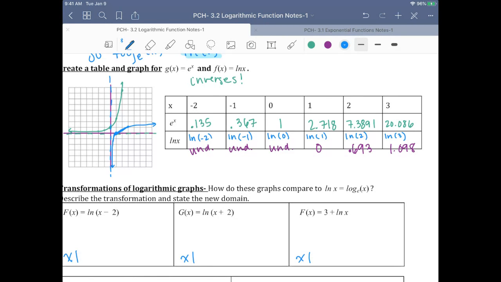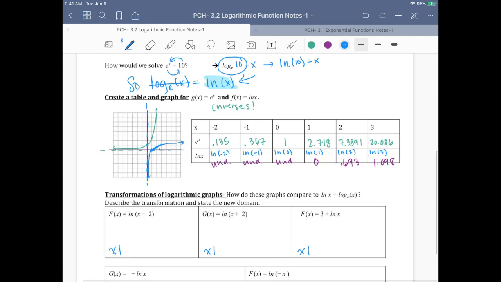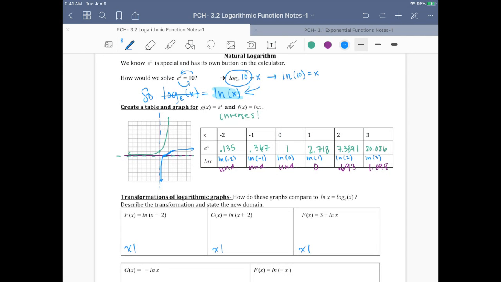At 2.7, we'll be at 1 because that's the value of e. Okay. So those are our features. That's what our natural logarithm graph looks like. It looks like all other logarithm graphs, but it's a little trickier to plot your points because our base is already an irrational number. Okay.